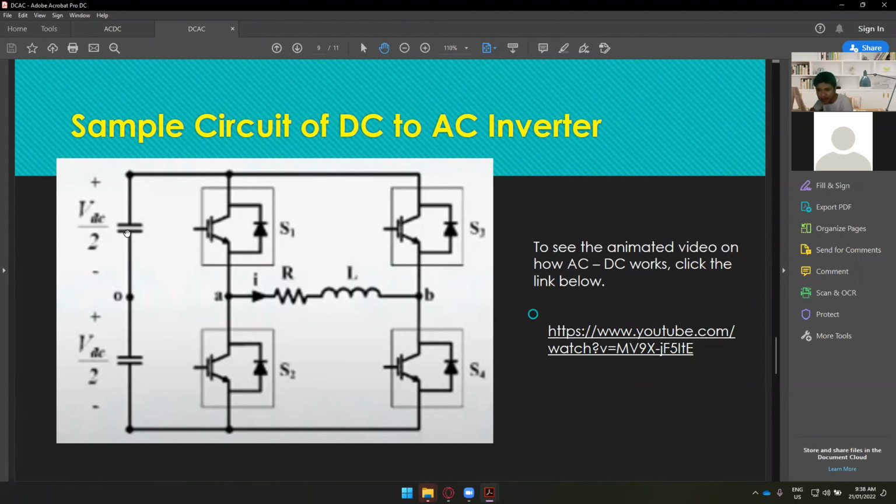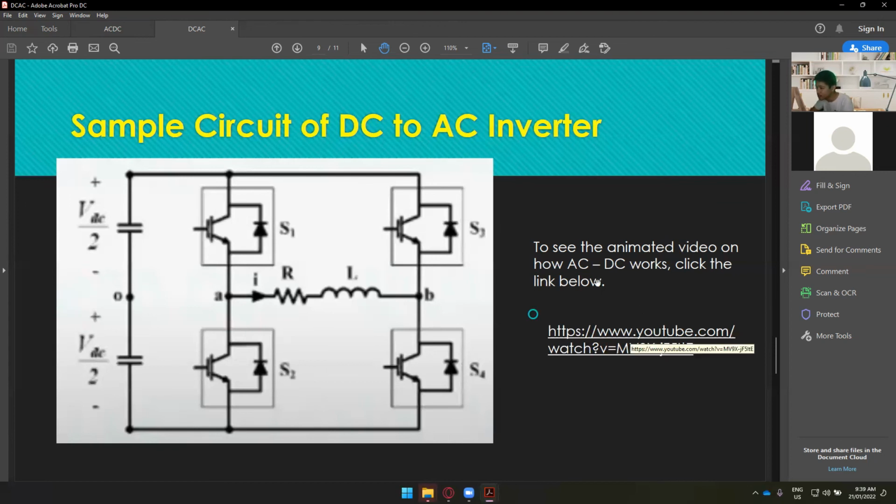There's one capacitor, if I'm not mistaken, VDC divided by 2, though there is no label, but this is the symbol of a capacitor. The voltage output is divided into 2, and once they are combined, we have the AC output, if I'm not mistaken. Oops, my apologies. This one is DC to AC right here, but here we have AC to DC.